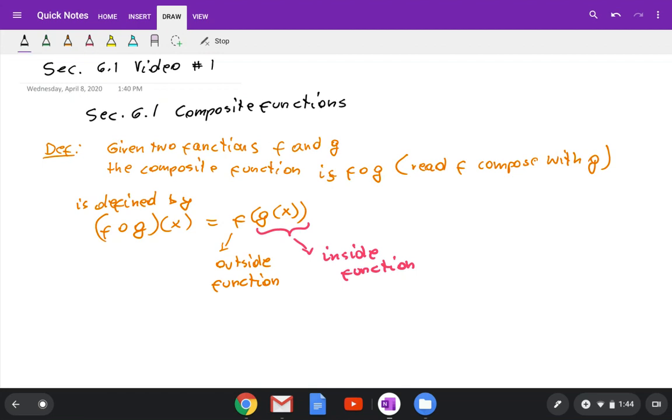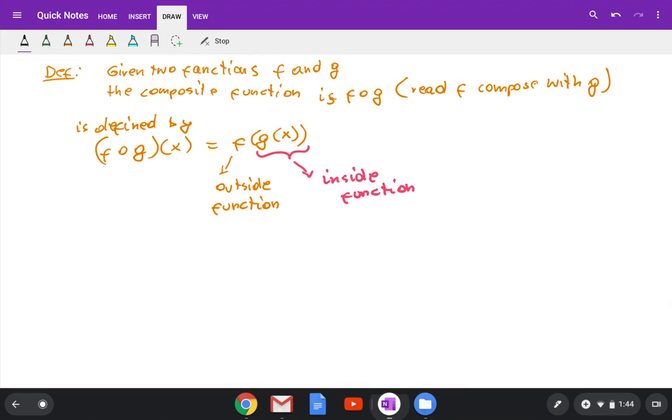Okay, so let's do the examples. Example 1. Evaluating a composite function.